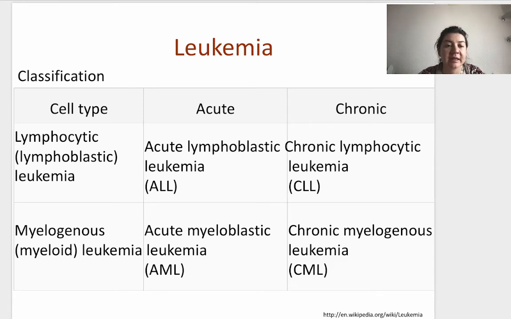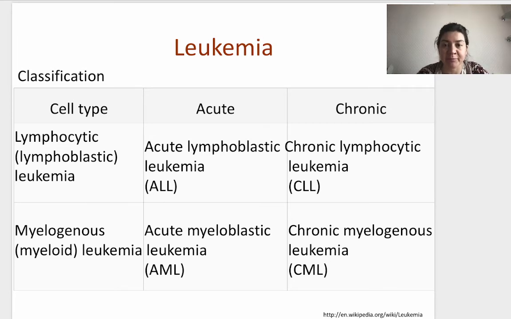According to cell type, it can be lymphocytic and myelogenous. Please, this scheme, remember, it's a very simple table, but those who don't know, please rewrite it in your notes, and remember, it is the simplest classification of leukemia, and in general the key to understanding a big group of blood disorders, and a lot of tests in KROK 2 will be about these schemes. That's why you should understand what is lymphoblastic, myeloblastic, acute and chronic.